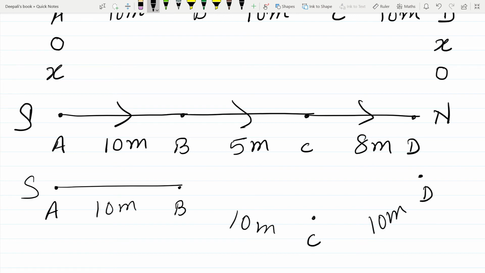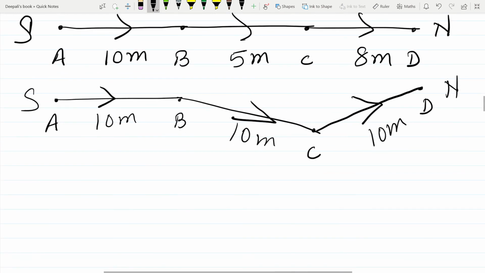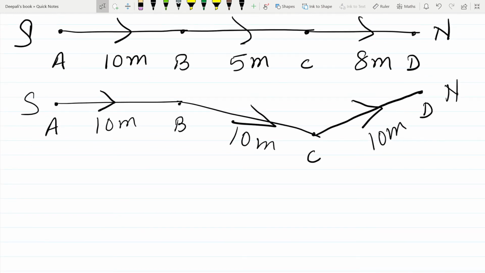And south, north. Now the object is moving from A to B, B to C, but here the direction changed. Time and distance are constant. And then again C to D, the direction changed. So this is again non-uniform velocity.